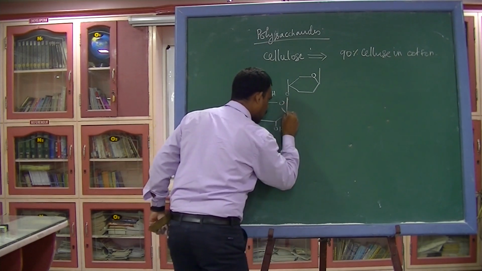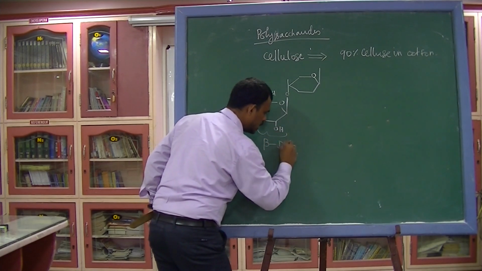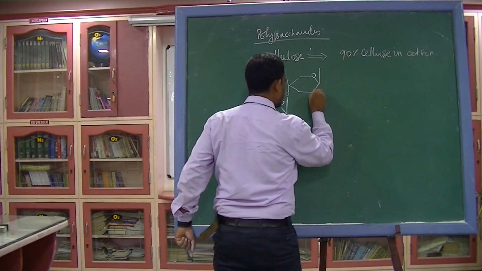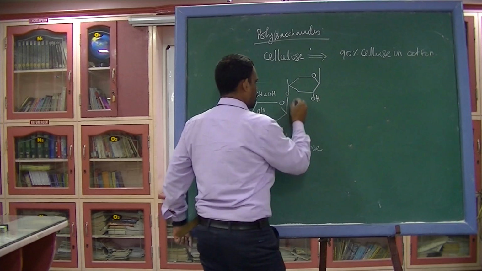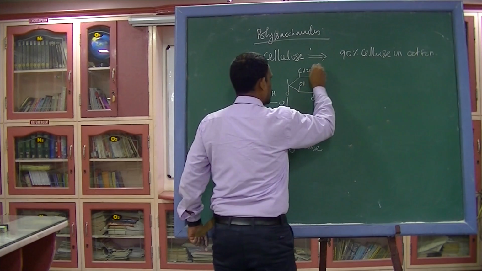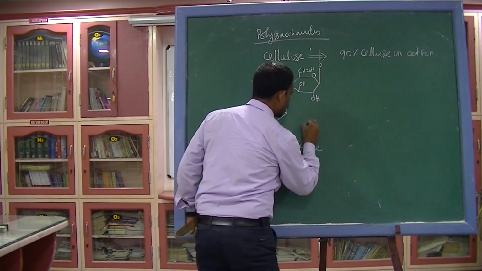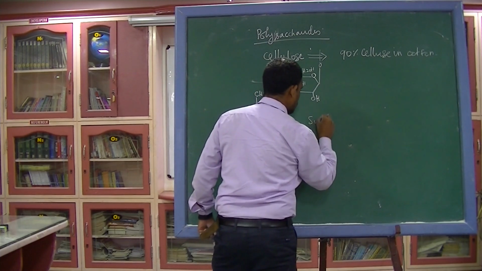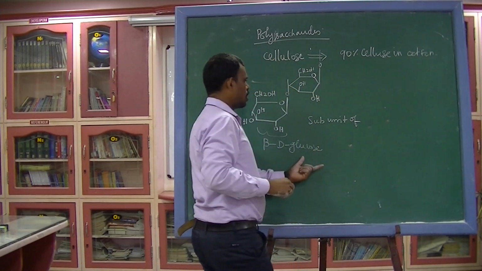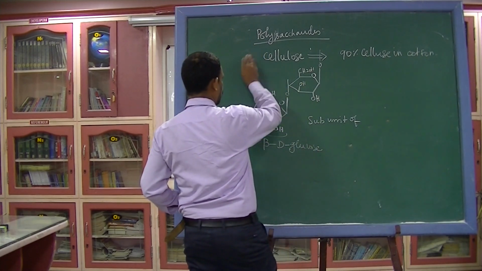So this is beta, am I right? This subunit is beta D glucose. Similarly, this is another unit with OH and OH, CH2OH. It goes like this. Here I have shown only these two subunits of beta D glucose. So this is the structure of cellulose.